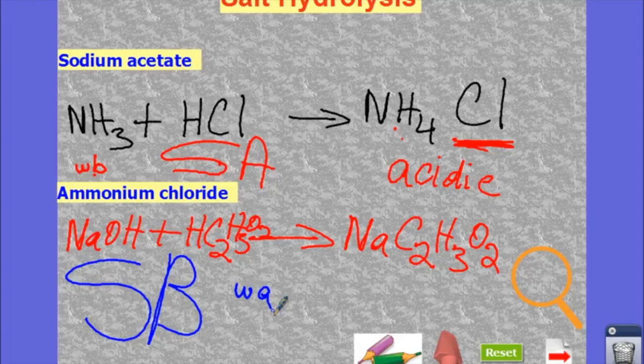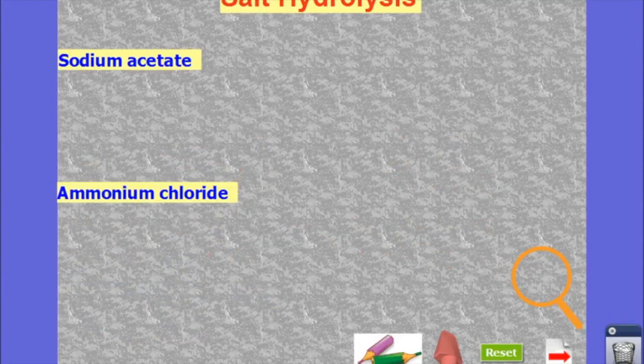Now, let me show you exactly how you can prove that a salt is acidic or basic. This was a quick and dirty way I showed you to know, but it is not an explanation why the salt is acidic or basic. Here is the explanation.